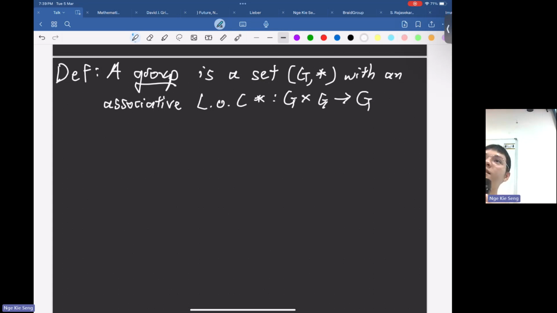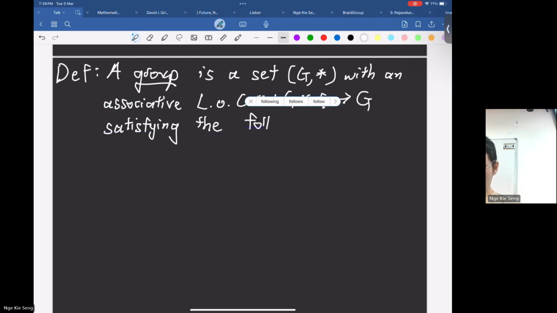So that's me. I have a set, and then I know how to compose two things inside my set. Okay, and it satisfies how many properties here? So there are two properties. Do you want to guess what the properties are, given what we have introduced?